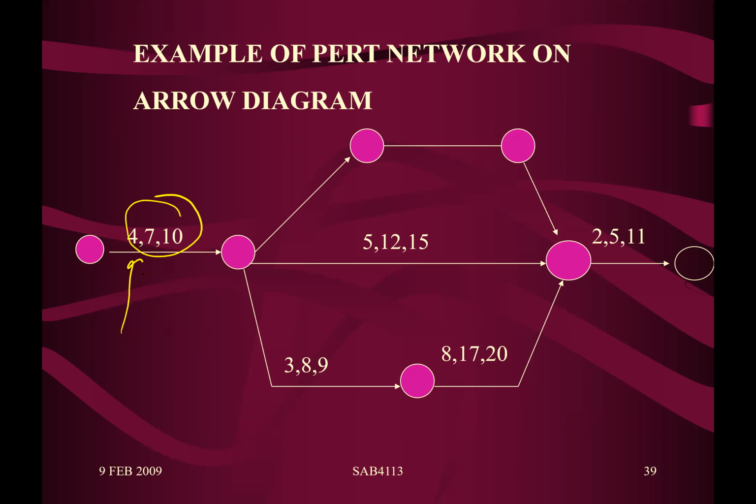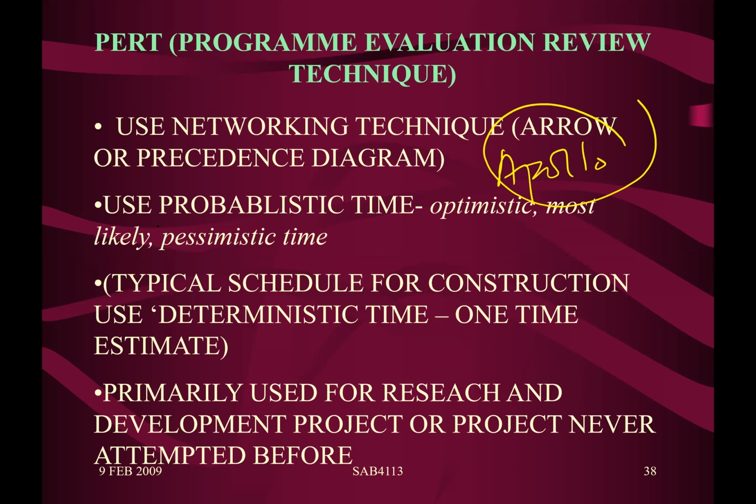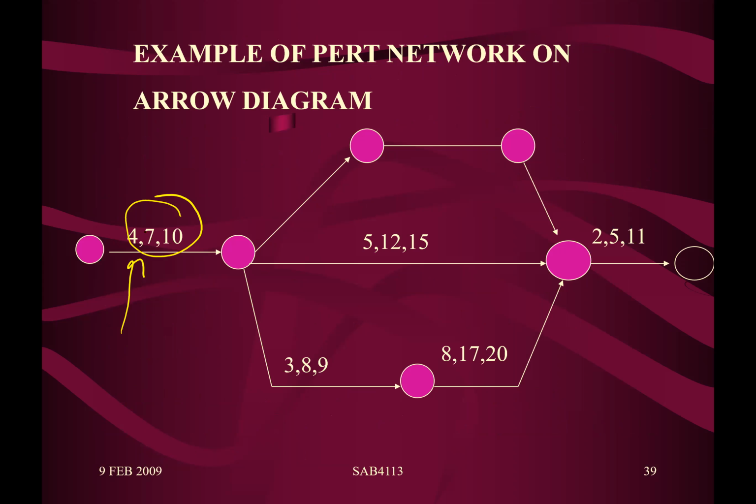So that's why there are three timings. We call them optimistic, most likely, and pessimistic. Say 4 is optimistic, most likely is 7, and the last one is pessimistic. This means a range of time.